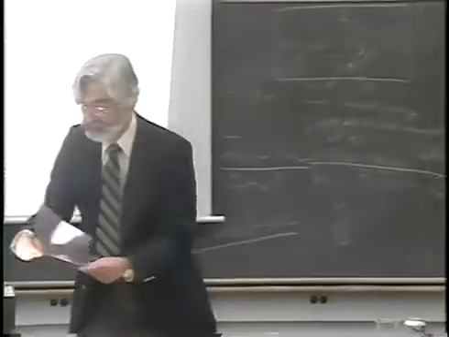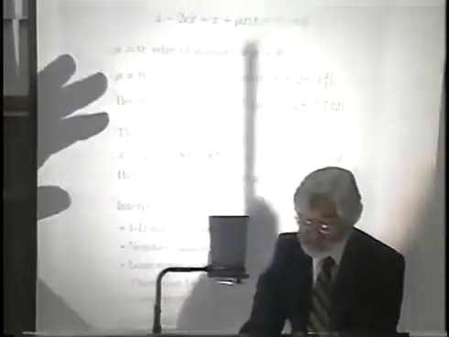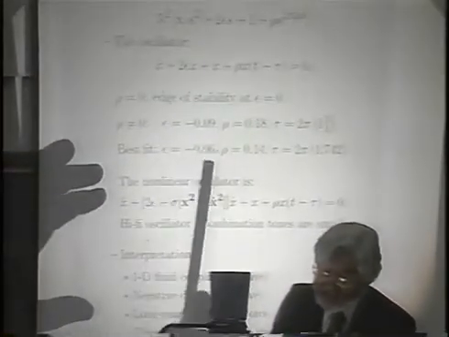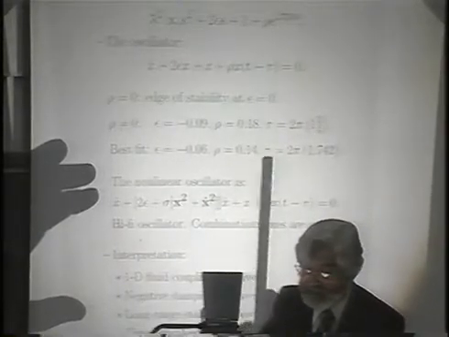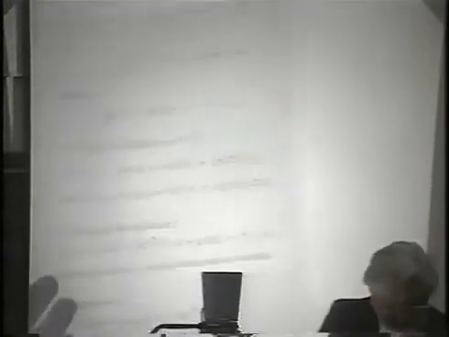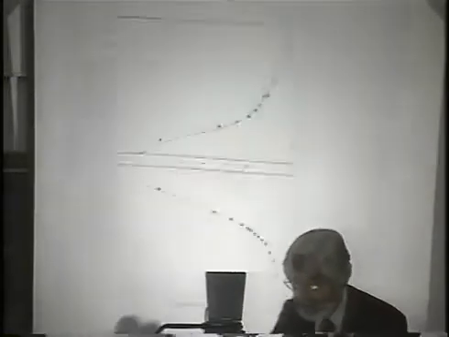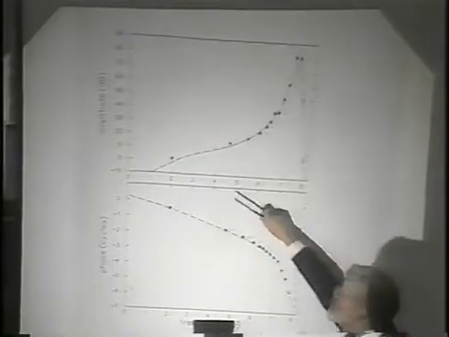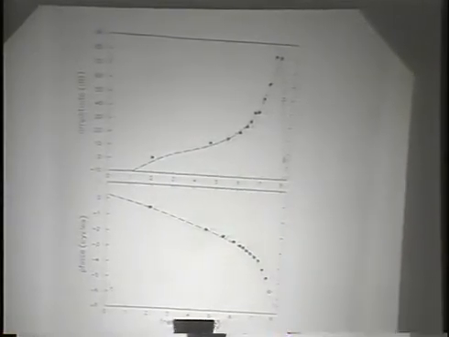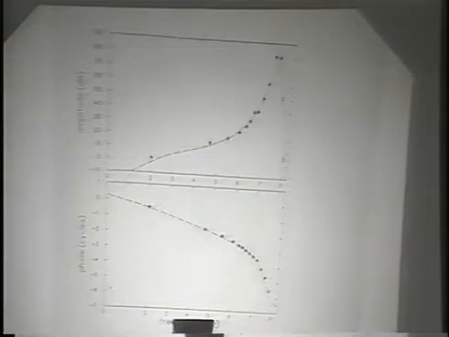If you say that epsilon is minus 0.06, rho is small, 0.14, and tau is 1 3/4 cycles, then you get the dotted line. Now actually the best fit with those parameters looks much better, but I thought it was misleading to show you the best fit because it doesn't really reflect my attitude towards the fit. So I'm giving you a fit which is a good fit but not the best fit.